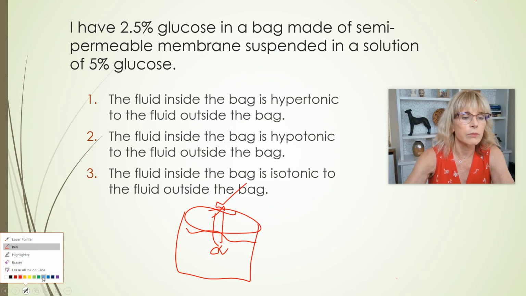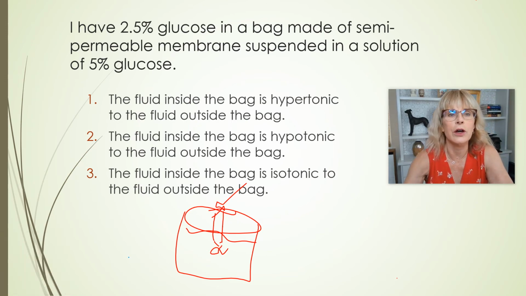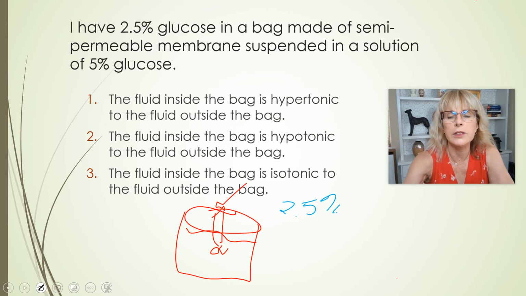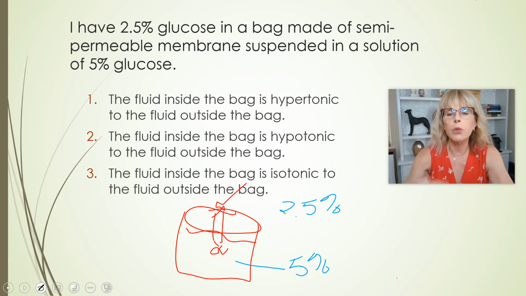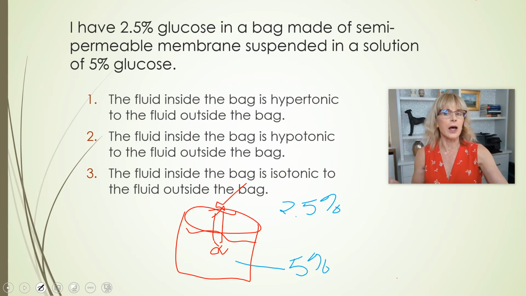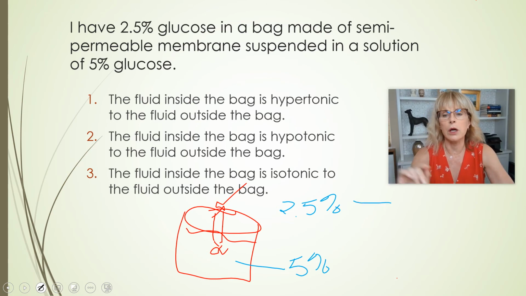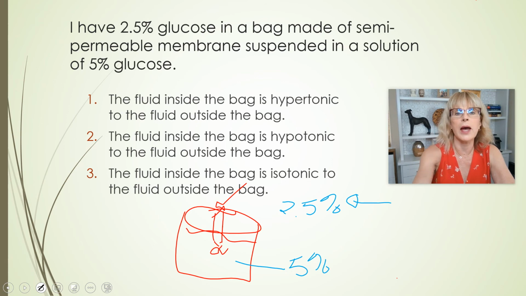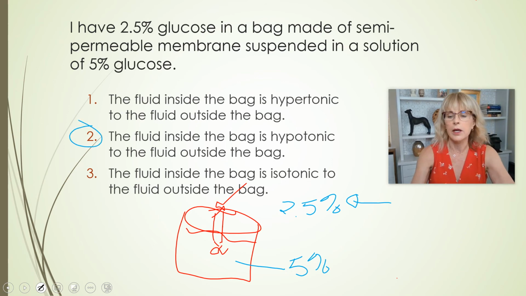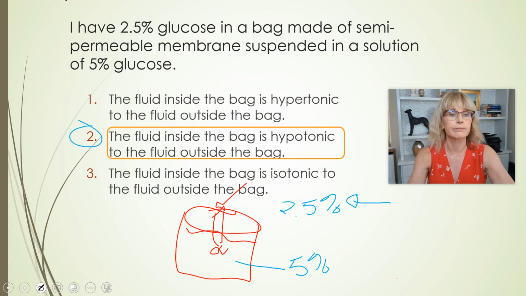Oh, by the way, pause me so you can answer this yourself. Okay, inside the bag is 2.5% and outside is 5%. So which one has got fewer solutes in it? This one has fewer solutes. That makes it the hypotonic. This one is more like pure water. So the fluid inside the bag is hypotonic compared to the outside.